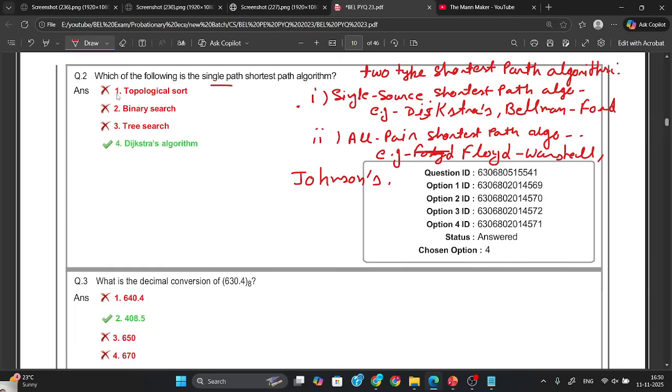So basically two types are there: the first one is single source, another one is all pairs. For single source we have Dijkstra's algorithm and Bellman-Ford algorithm. Here they have asked about single source, so option D is the right answer. Apart from that, you need to remember for all pair we have Floyd-Warshall and Johnson's algorithm.